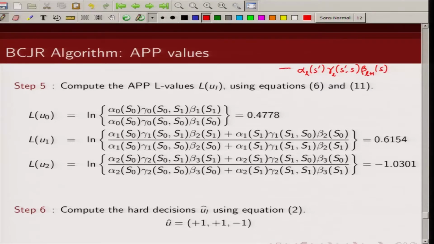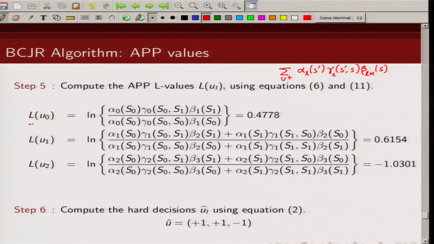We were summing over all those transitions which belong to u being plus 1, and in the denominator we were summing over all those transitions belonging to u being minus 1. So, let us look at how we can compute this.